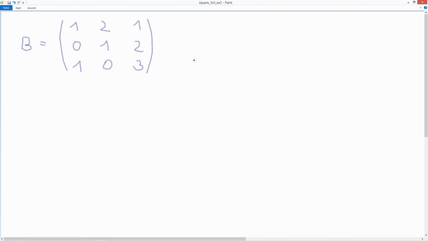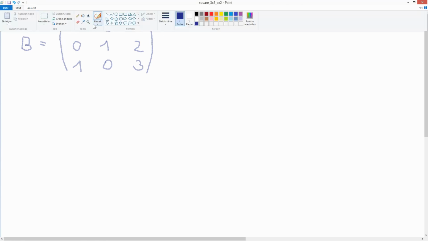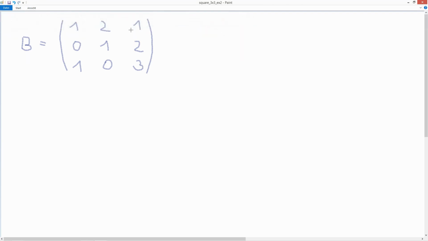Okay, let's take a look at another example, but this time we'll follow the approach a bit faster. So, first thing we have to do is to arrange the matrix in that way.